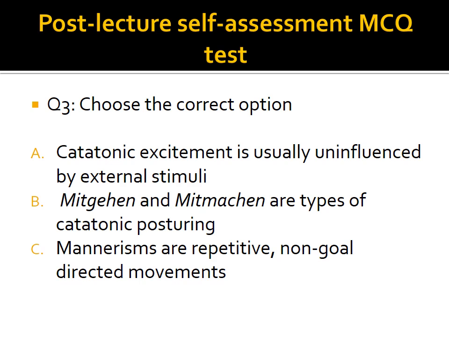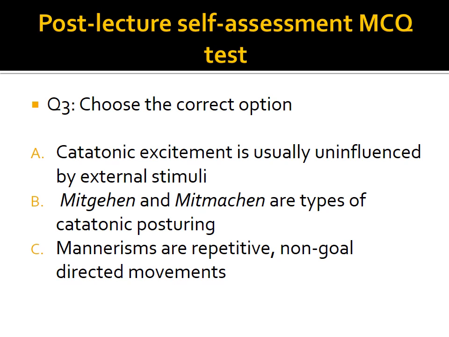Question 3. Choose the correct option. Option A: Catatonic excitement is usually uninfluenced by external stimuli. Option B: Mitgehen and mitmachen are types of catatonic posturing. Option C: Mannerisms are repetitive, non-goal directed movements. You can pause now if you want.